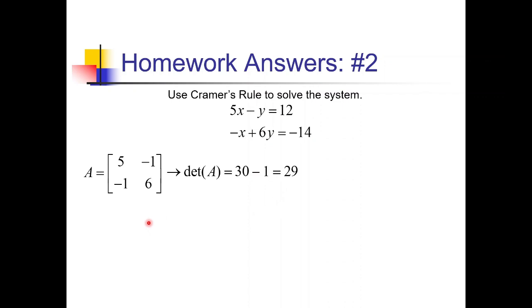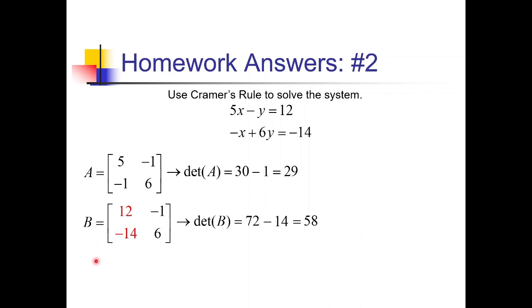Next up, for B, we're going to keep the coefficient matrix, except we're going to replace the x column here with 12 and -14 from the constants. And then finding the determinant of this one, we have 12 times 6, or 72, and then we're subtracting -14 times -1, so subtracting +14, giving us 58.